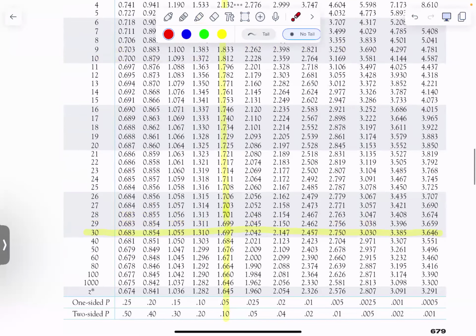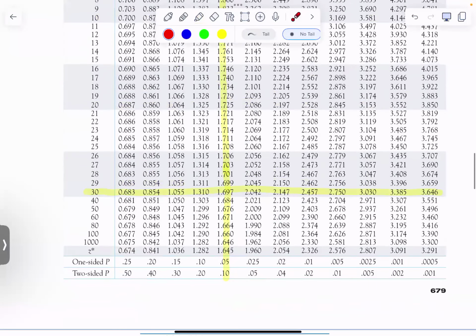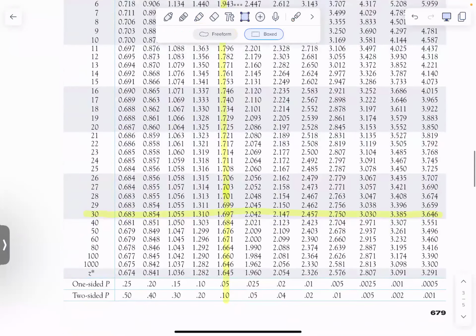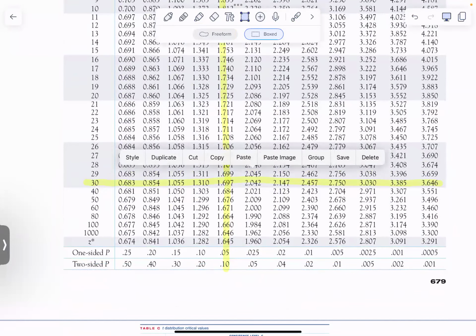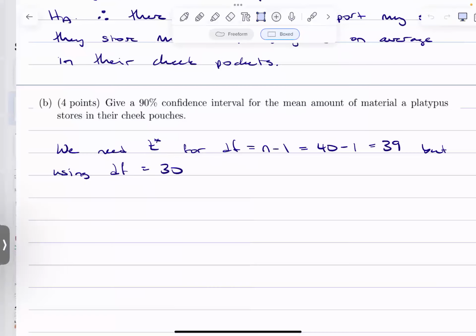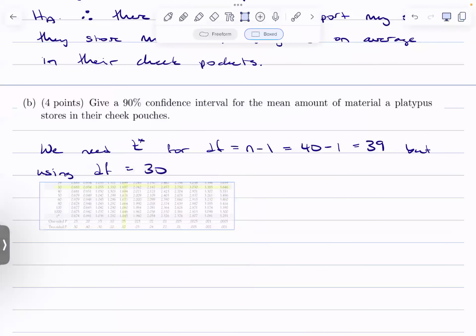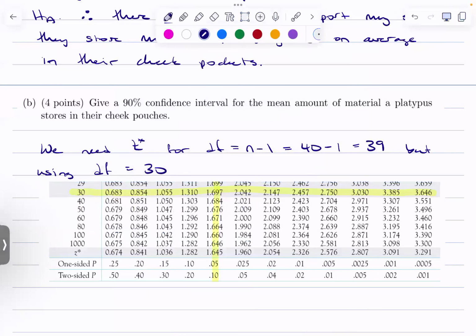Just looking at my p-values thinking, why did I highlight the p-values? I didn't need to, that's all. T star is going to be 1.697.